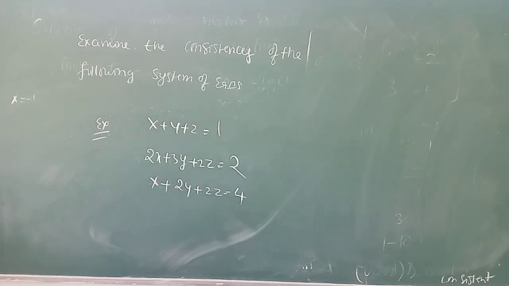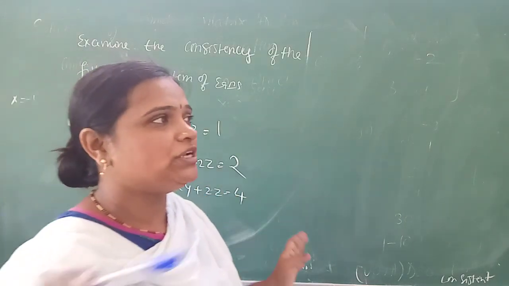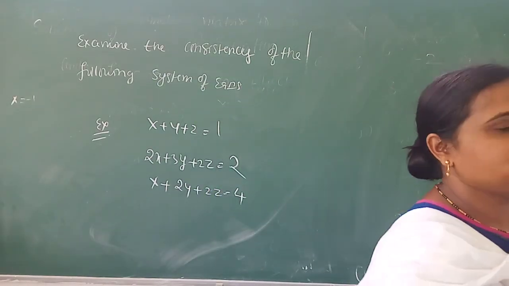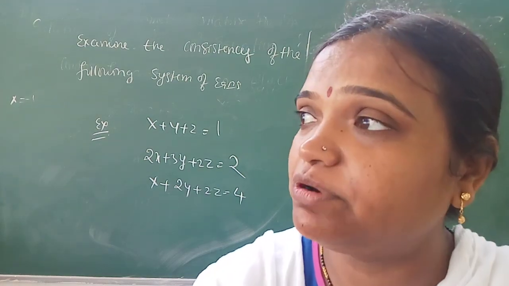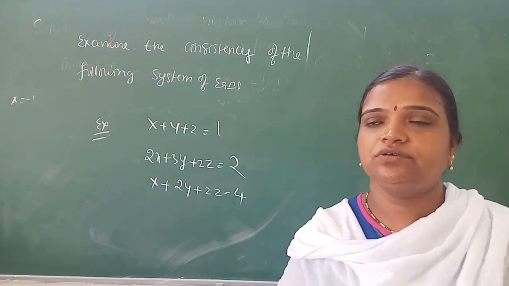Verify whether this system is consistent or not consistent. I hope you understood. Usually such examples are asked in the exam for a maximum of 2 marks. Okay, thank you.